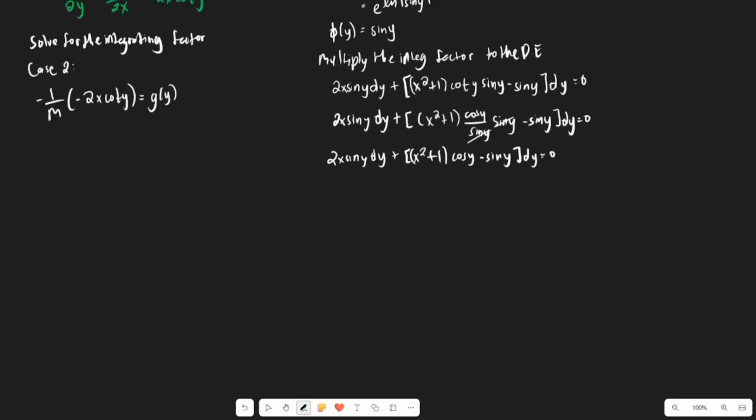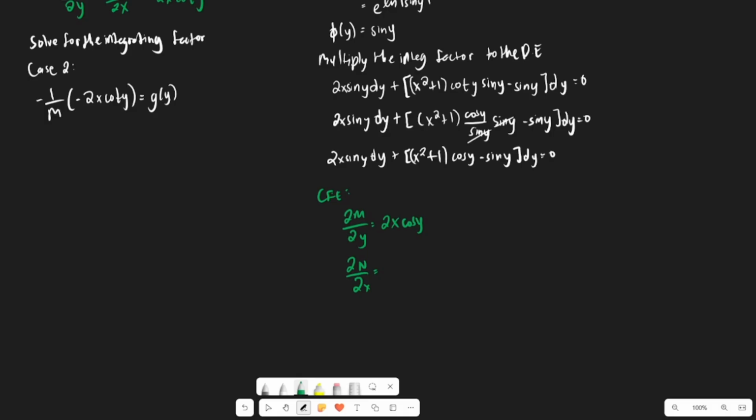So let's check for exactness. For checking of exactness, let's find the partial of m with respect to y and the partial of n with respect to x. Partial of m with respect to y is basically, if we factor out the 2x, then we get the derivative of sine y, so that is cosine y.